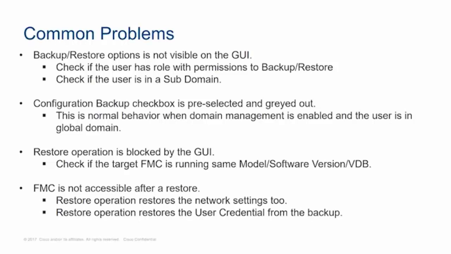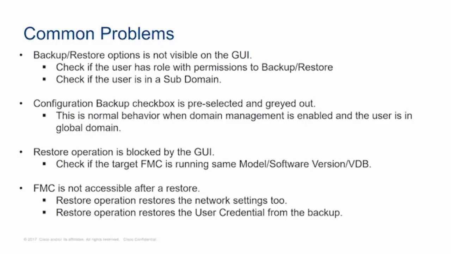Either the software doesn't match, or the VDB version doesn't match, or the model of the device doesn't match. If any of these basic requirements are not met, the device is going to disable the restore option. That's when you will see the restore option grayed out or disabled.